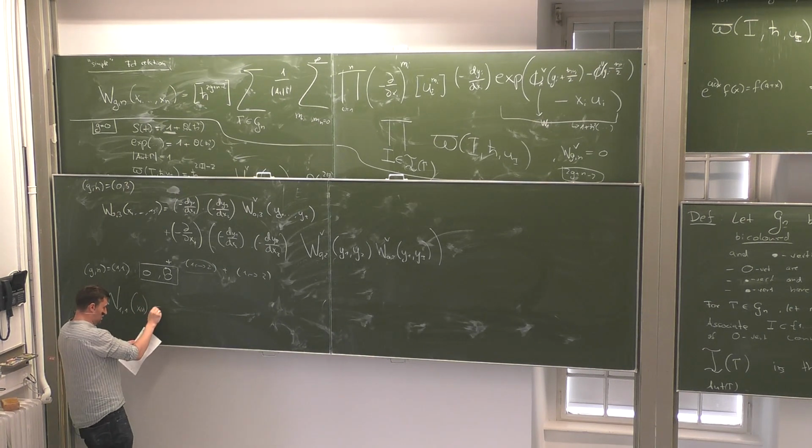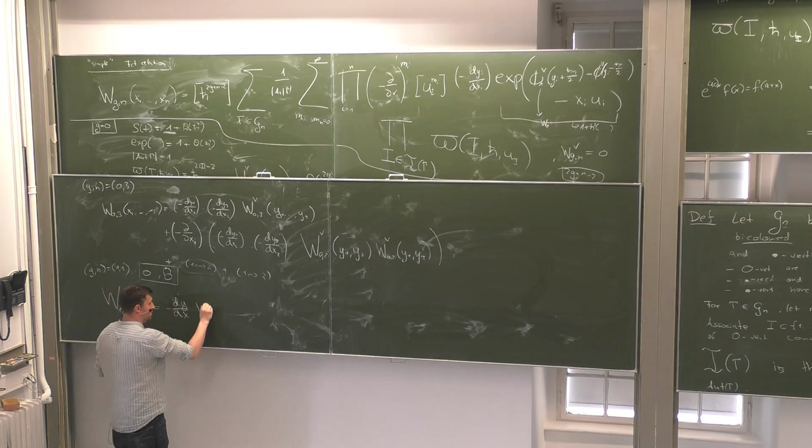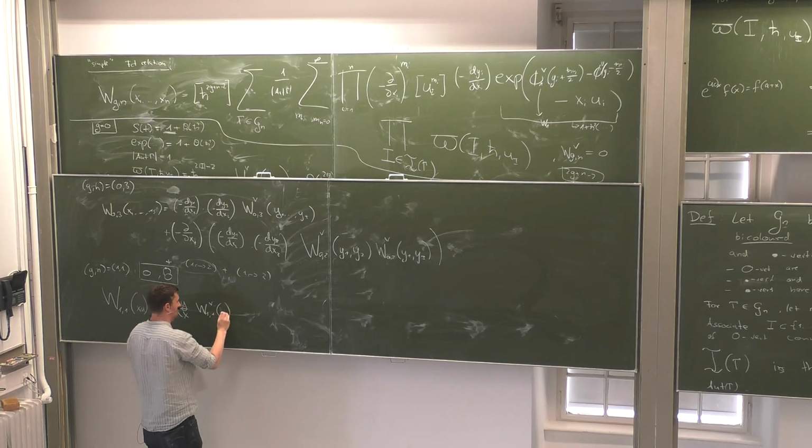We have W_{1,1}(x), x of z, is then given by minus dy/dx, w check_1 of y of z.